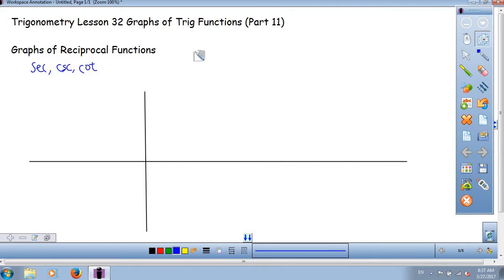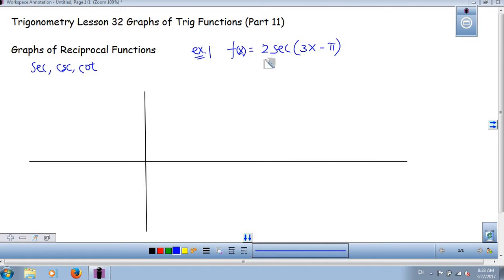Okay, so for example, let's say we have a function in secant. Let's do 2 secant of 3x minus pi. Let's just use this for now.